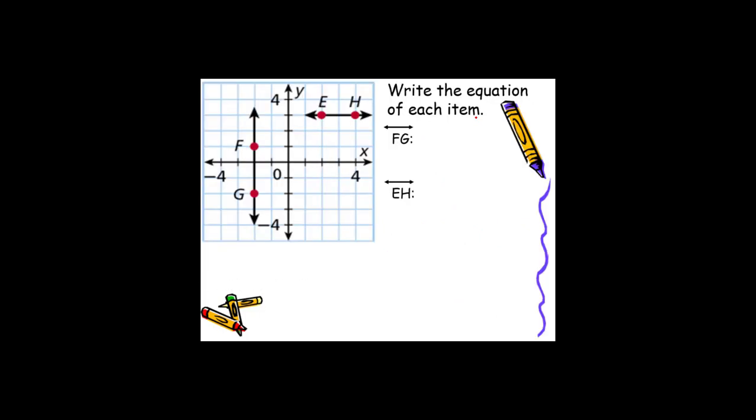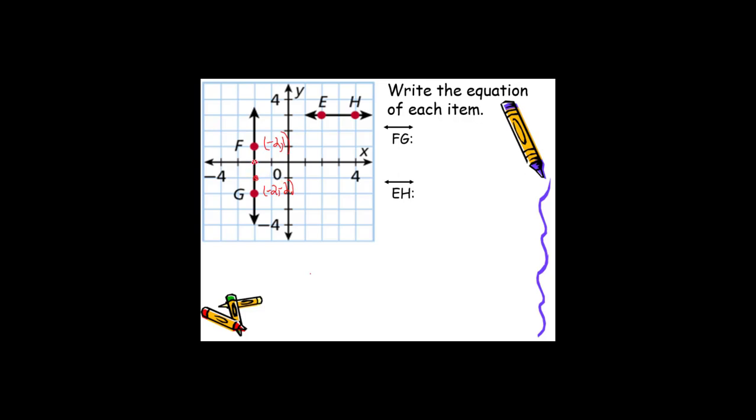On the next portion, it says, write the equation of each item. Line FG is a vertical line. The coordinates for point F are negative 2, 1. The coordinates for point G are negative 2, negative 2.